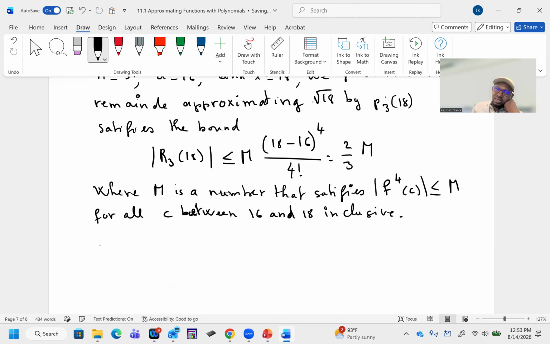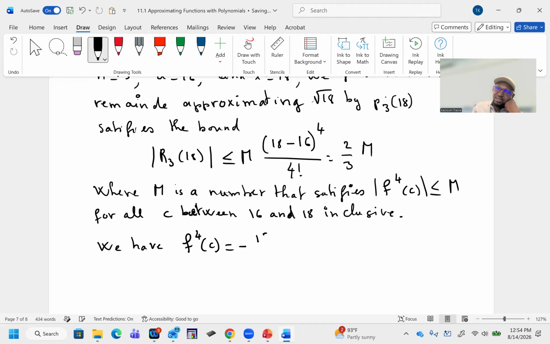we can see the fourth derivative. You can do this one yourself, okay? On the previous one, we have the third derivative. So the fourth derivative of c would be equal to what?